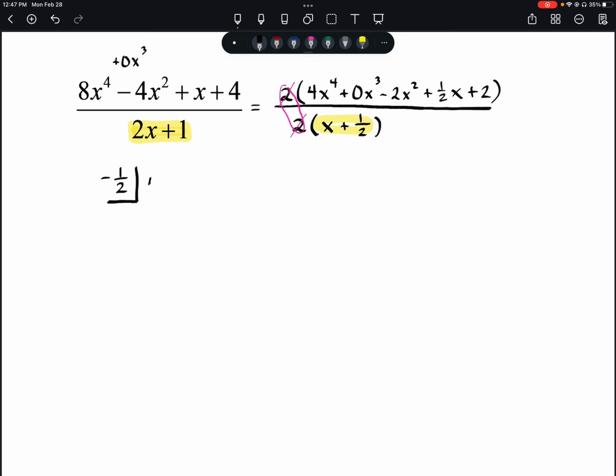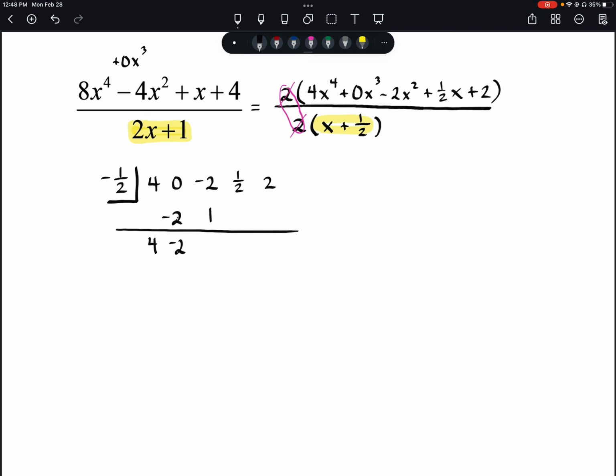And then we'll put in our coefficients: 4, 0, negative 2, positive 1/2, and positive 2. And then we'll go through the same process. Bring down the 4. 4 times negative 1/2 is negative 2. We add those, we get negative 2.